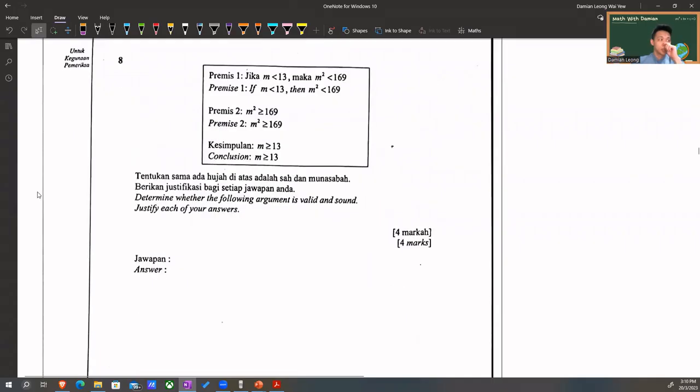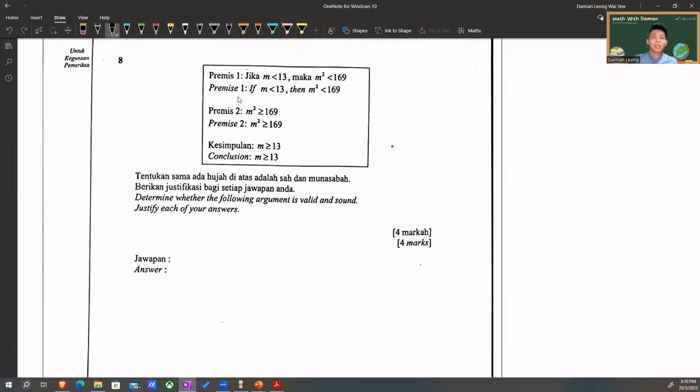Question 8. Determine whether the argument is valid and sound. Justify each answer. So valid or not. Valid or not is basically based on the format. So this one, if m less than 13, m squared less than 169; m squared more or equals 169, m more or equals 13. So the inequality basically flips.